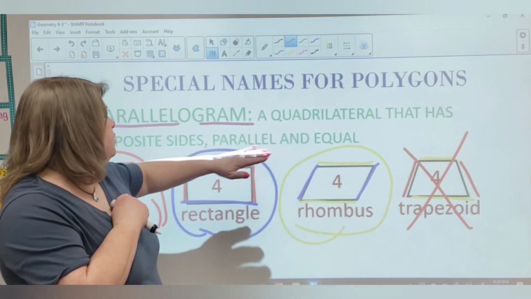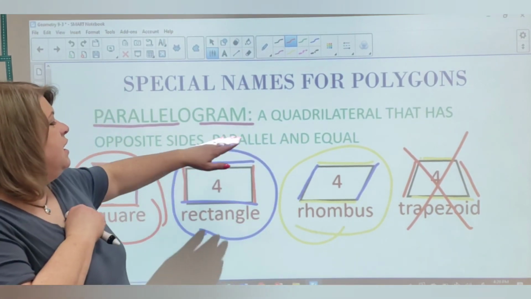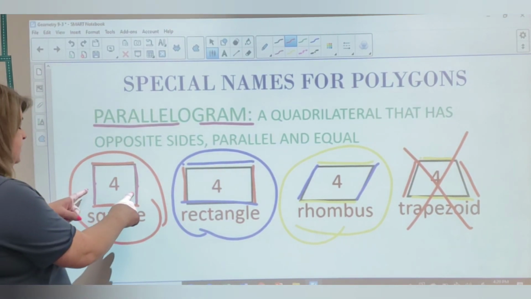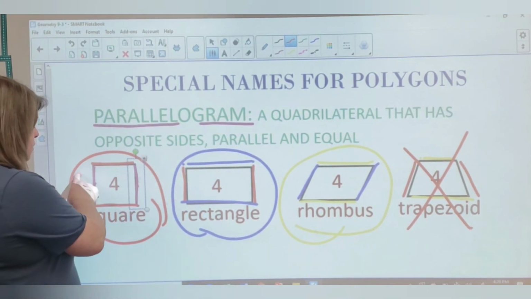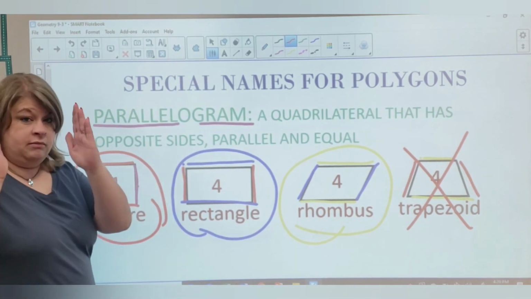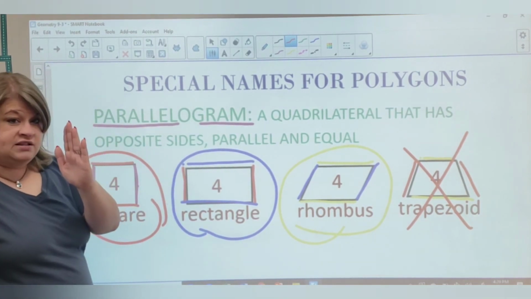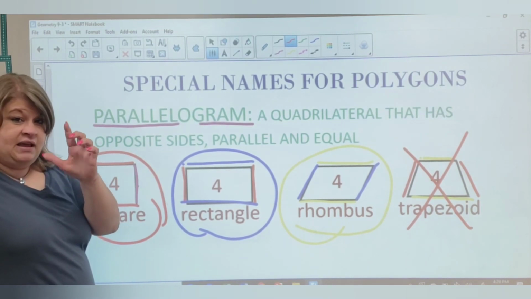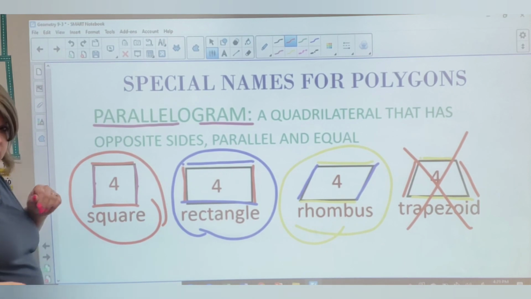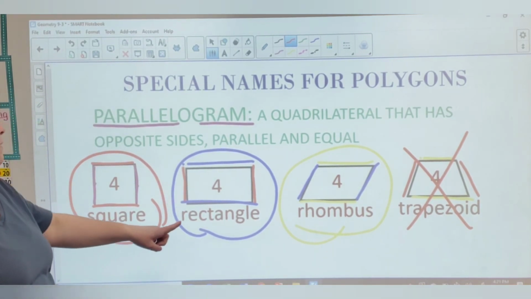A quadrilateral that has opposite sides parallel and equal. So these are opposite sides. This is a four-sided shape. Are they parallel? Remember, parallel means they go forever without crossing. Are they equal, the same height? Yep, same here. Yes, that's why a square is a parallelogram.